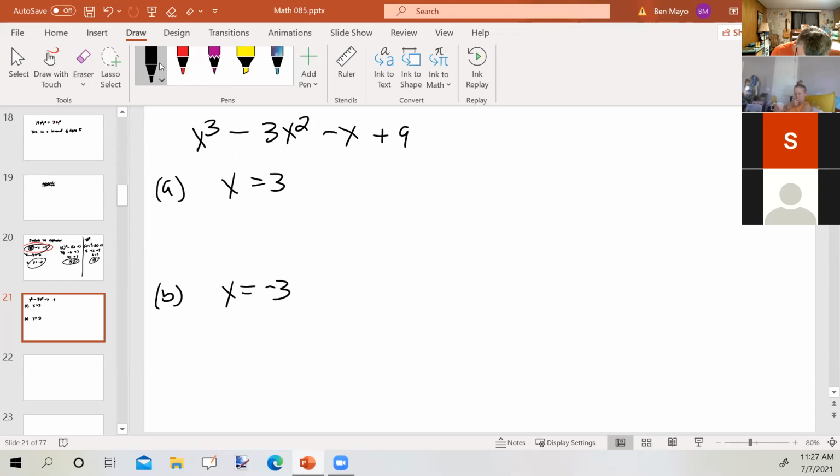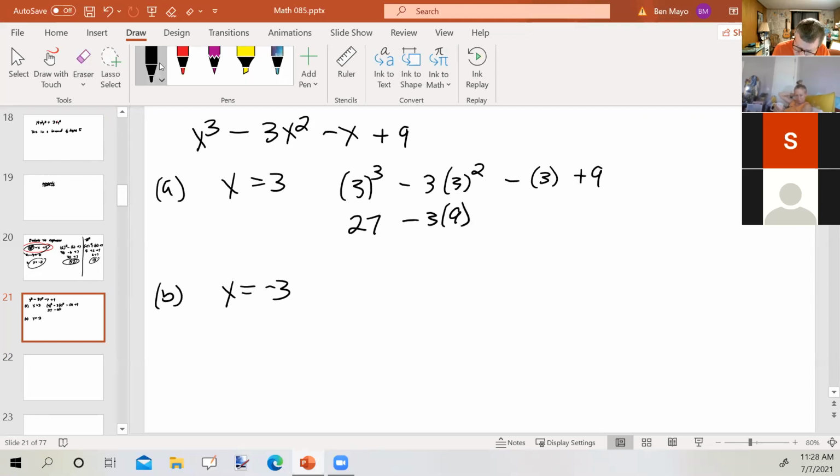Clean that up a little bit. All right, so if x is 3, we get 3 cubed minus 3 times 3 squared minus 3 plus 9. 3 cubed is 27 minus 3 times 3 squared, which is 9, minus 3 plus 9.